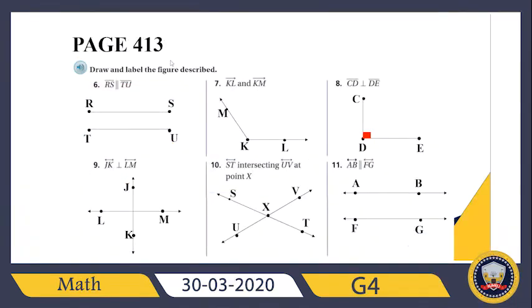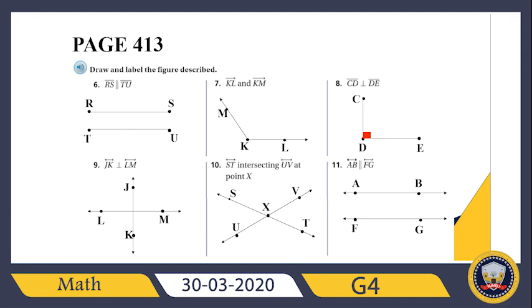Right now, let's check question 6. It says draw and label the figure described. Line segment RS is parallel to line segment TU. This time check this shape. It is a line segment, not a line. I know a line segment has 2 endpoints and is straight because a line segment is part of a line.